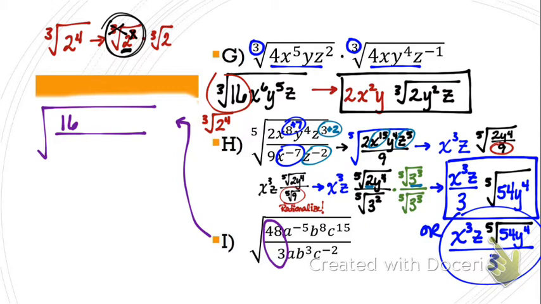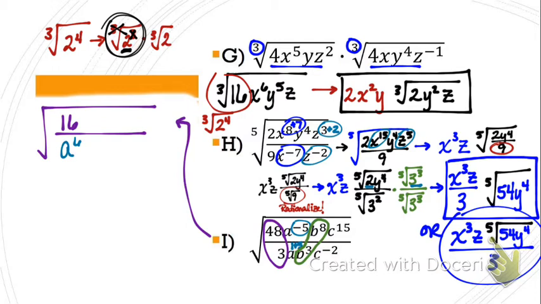Then I'm going to come over here and look at the a's. This time my negative is up on top, so it wants to go where? Down. Wants to go down to the bottom. So I've got like 1 plus 5 here. So a to the 6th in my denominator. How will I simplify the b here? Subtract it.